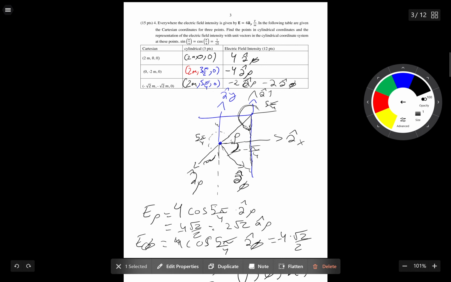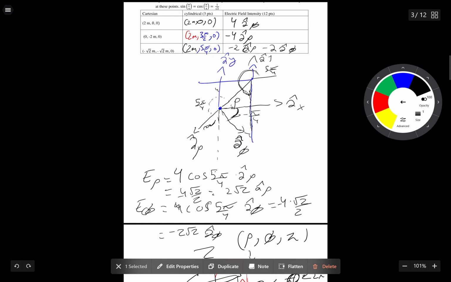Now let me go back and clean this out a little bit so I can show how we got to this point. This over here is our unit vector a sub y and this is our a sub x direction.